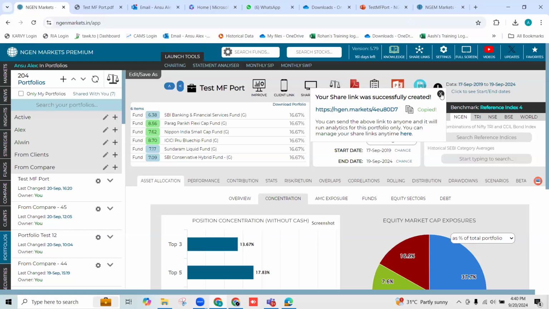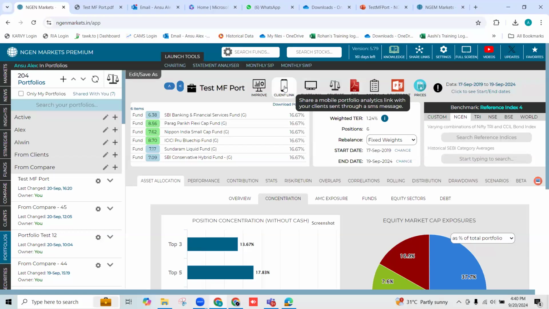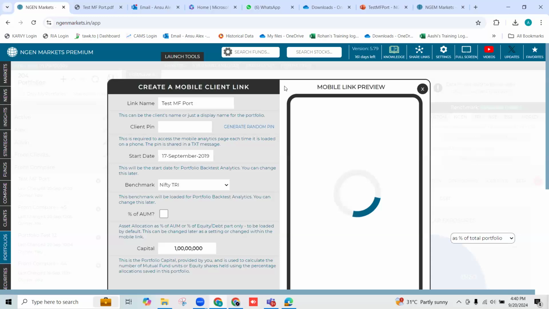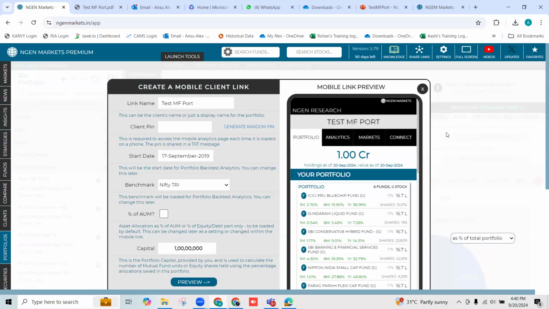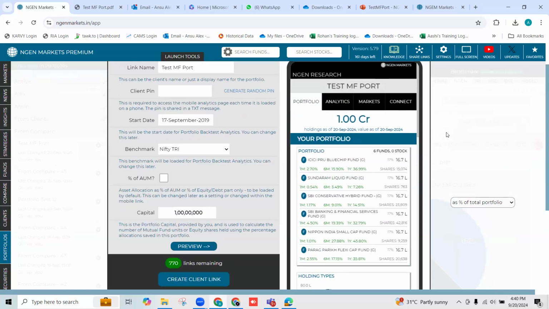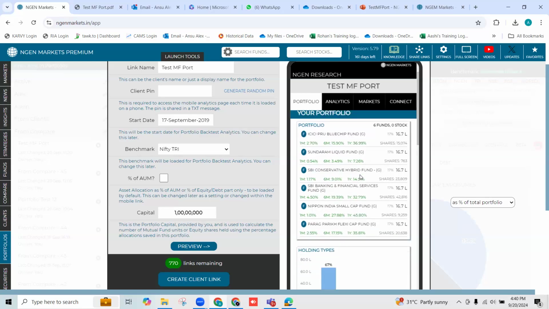We also have another option, which happens to be a client link or rather a mobile link. So since this is a mobile link, there are specific features or specific tabs that would be available to be viewed. So this is a preview of how it could look when you share it with your client on mobile.